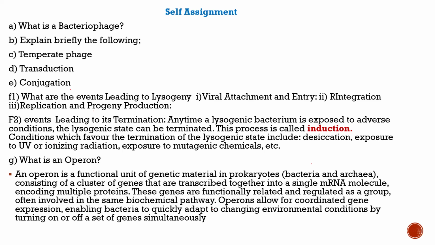It contains clusters of genes that can be transcribed together into a single mRNA molecule, encoding multiple proteins, to allow the bacteria to grow fast, replicate, and quickly adapt to a specific environment, right? So that's it about the operon. I think I saw it in the TMA of this particular module.